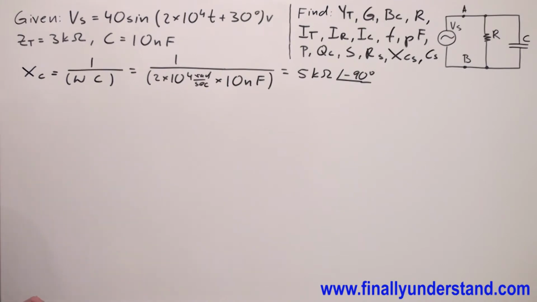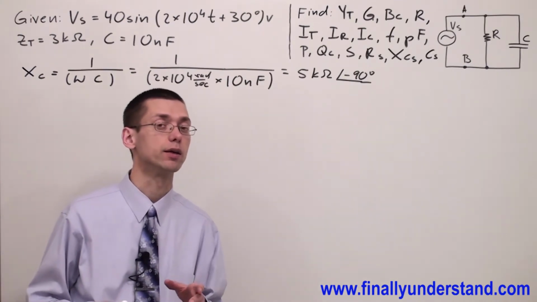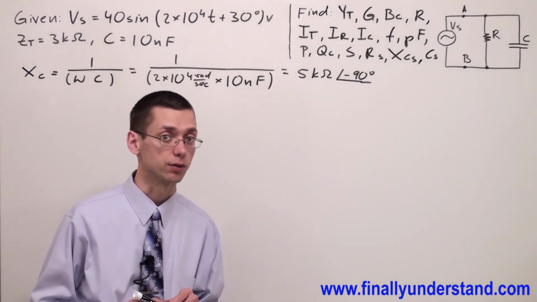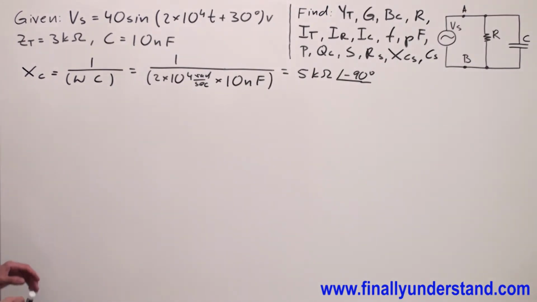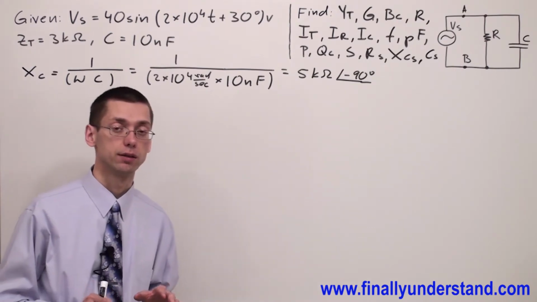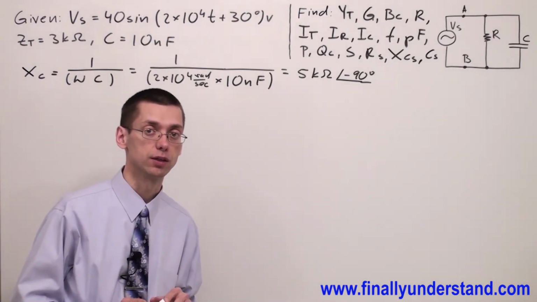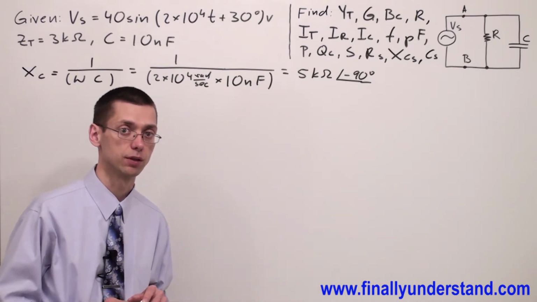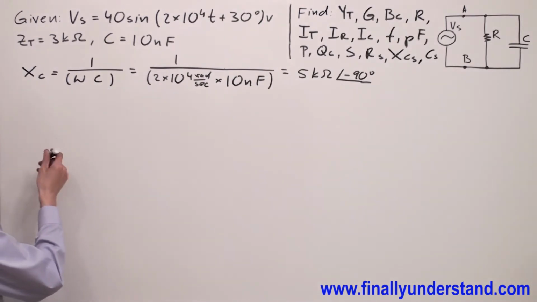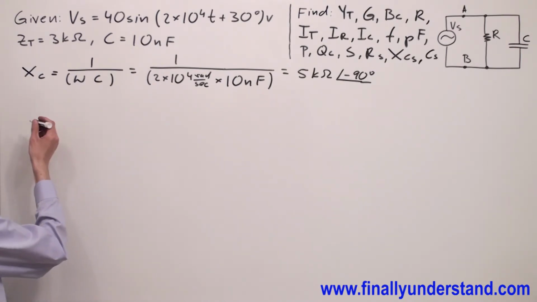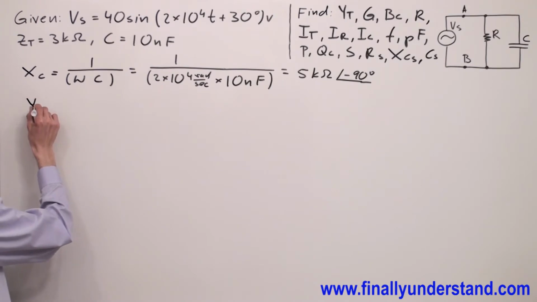Next, we're supposed to realize that we are dealing with the parallel circuit. When we deal with parallel circuit, we're supposed to convert the total impedance to the total admittance, and we have to deal with admittances in order to make this problem looking a little bit simpler. So what I mean by that, we have to find Y total.